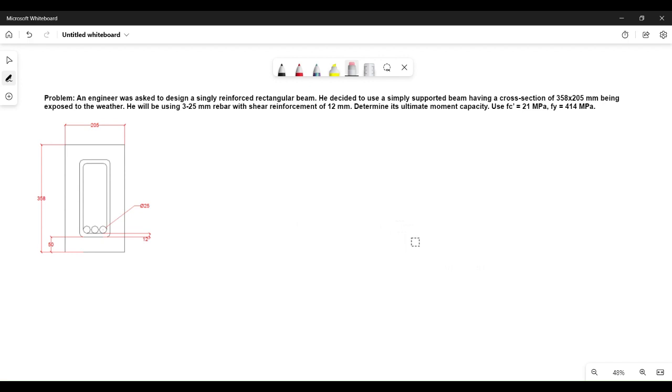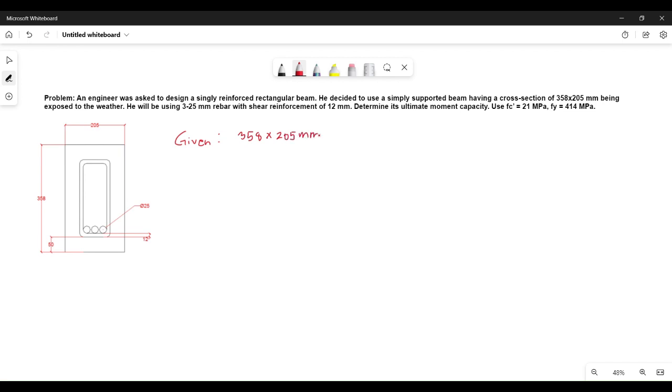Before we proceed to our solution, let's identify our givens in this problem. We always start by identifying the givens first. We have a cross-section of 358 by 205 millimeter.